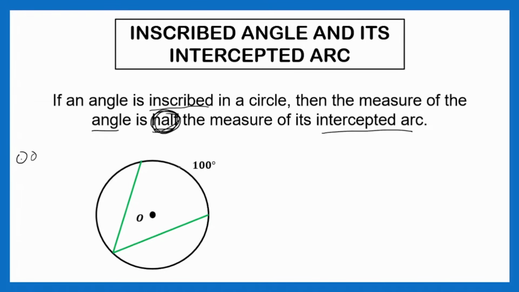Yung intercepted arc po, yung opposite niya. Kung itong angle, yung opposite niya, that is the intercepted arc. Kung sinasabi niyang kalahati daw yan, what do you think would be the answer here? Sir, 50. Very good. Kalahati nito yung angle, so that is 50. As simple as that. Nakakuha? Don't worry, later we'll apply that in our problems.